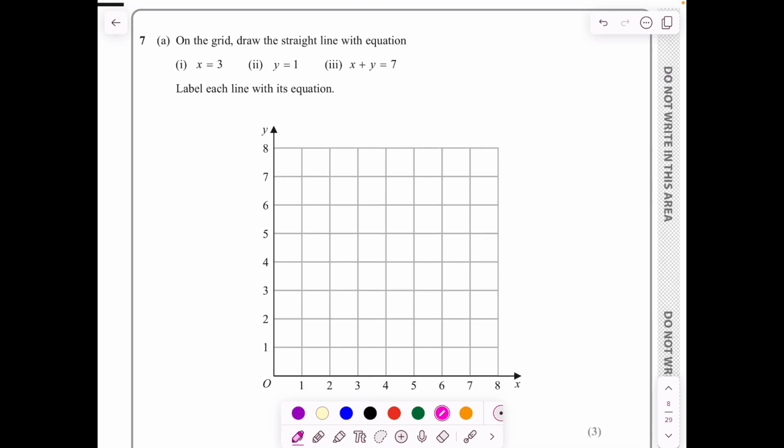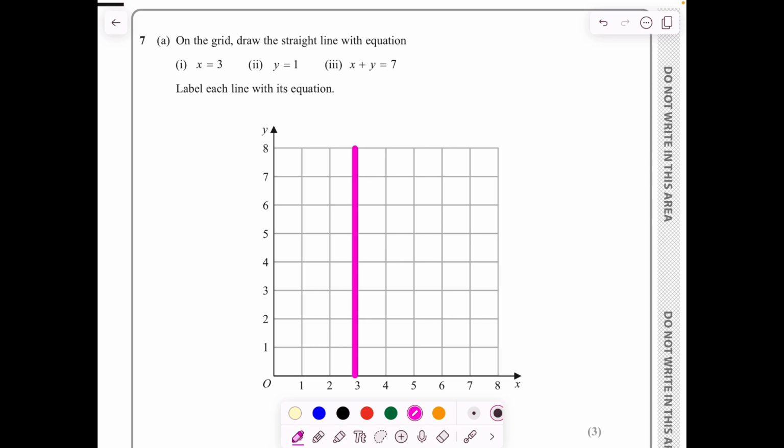Here, this was quite a nice question. You just had to draw these lines. So you had to remember that x equals 3 means that it's a vertical line. Just going to make it slightly thicker. It's a vertical line going through 3 on the x-axis.